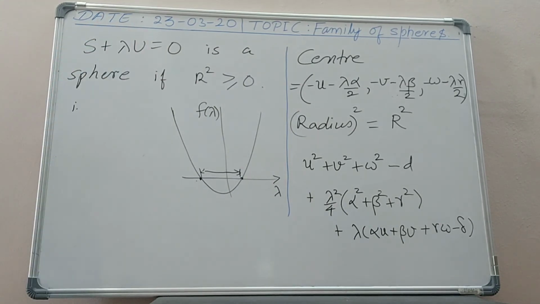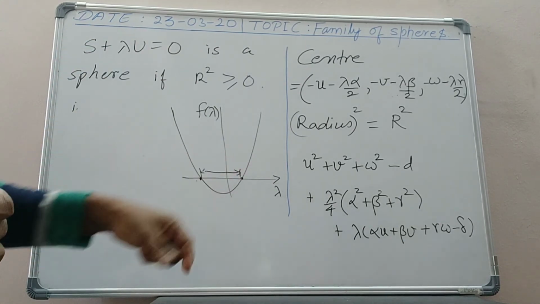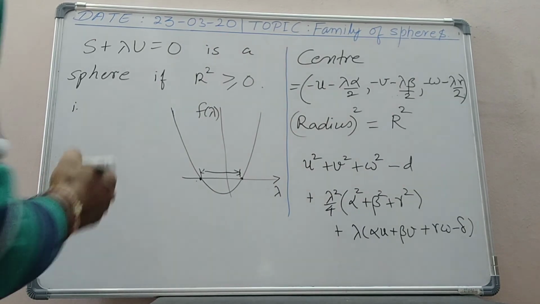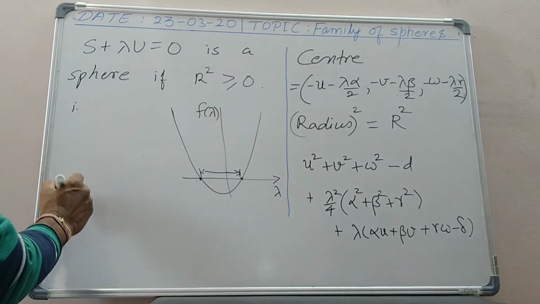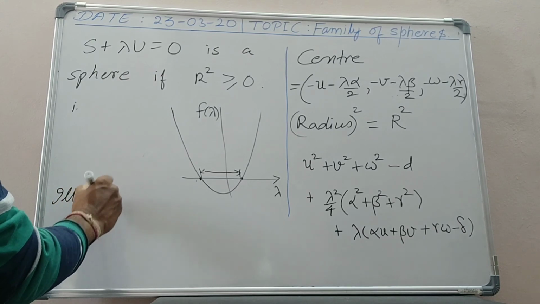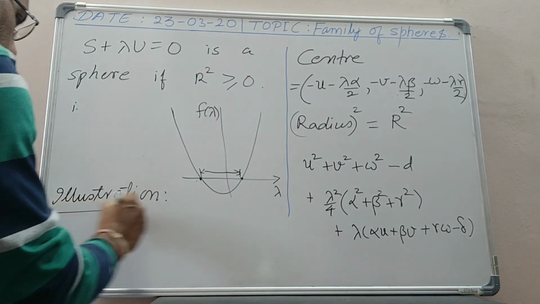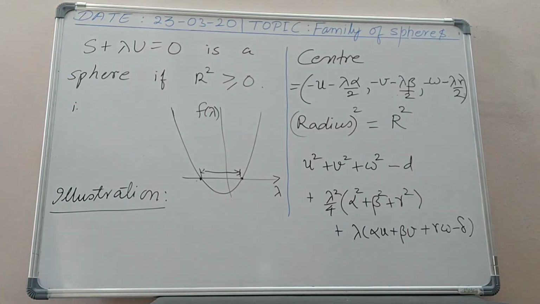All right, so you have to avoid these values of lambda in order to get a sphere. Let us see this through an example. Let's look at an illustration.